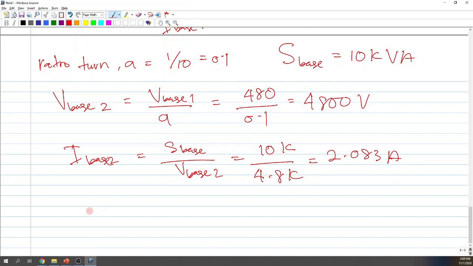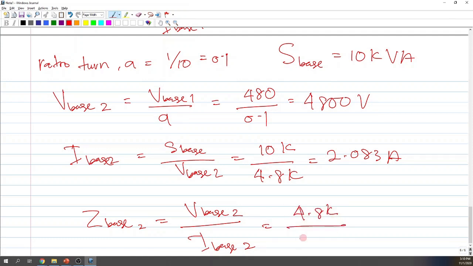And then we calculate the Z base 2. We have V base 2 divided by I base 2. So 4.8K divided by 2.083, and what we get is 2304 ohm. So we have to remember this.